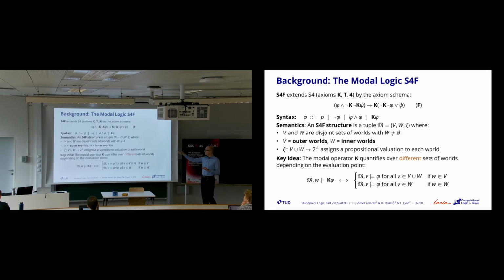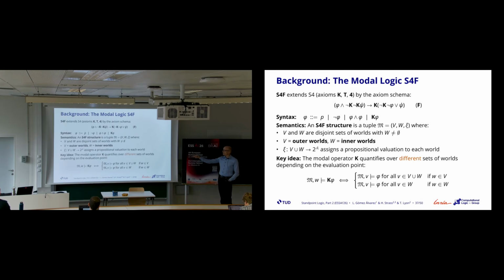And additionally, you have this F axiom, which looks complicated, and so it's more accessible to look at the logic from a model theoretic perspective, because if we look at how the structures look like, it is easier to grasp what the logic does. So the syntax is fairly easy. It's a unimodal propositional logic.